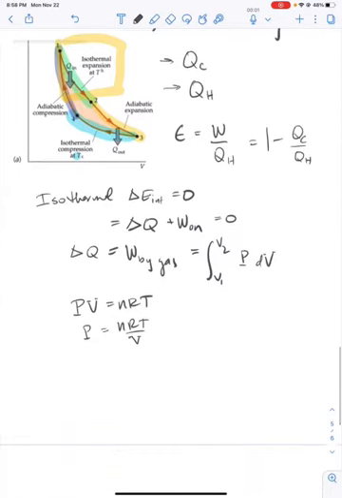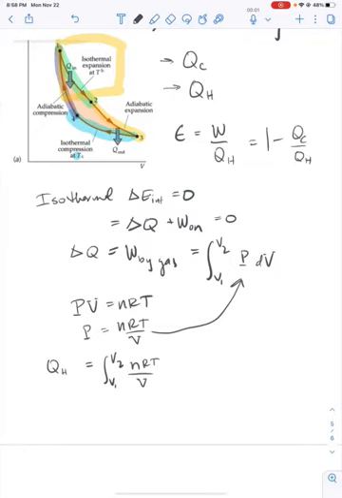Solve for P, so that's nRT over V. And so the heat input in this process, if we plug this in here, is the integral from V1 to V2 of nRT over V dV. Now it's isothermal, right? So that temperature is a constant, and n and R are constants, so we can pull all of that out. So this is nRT.